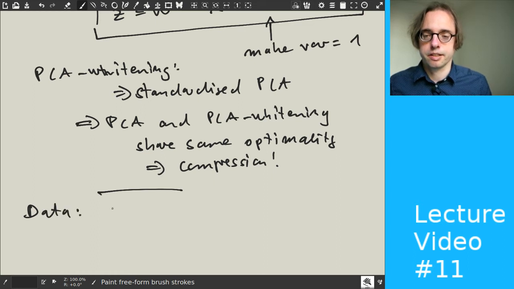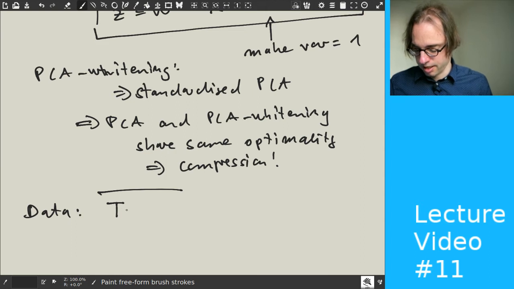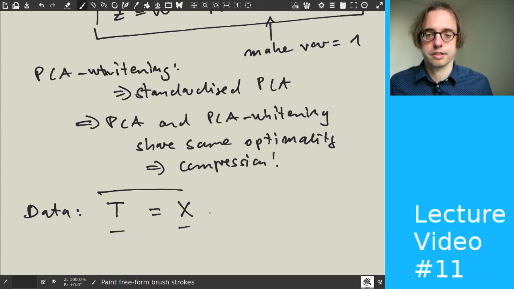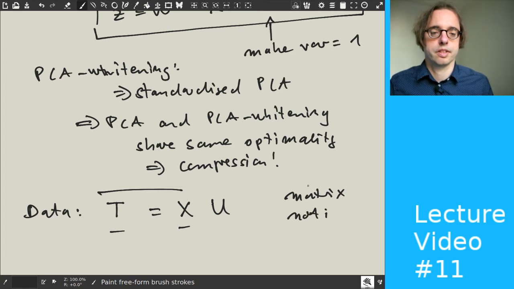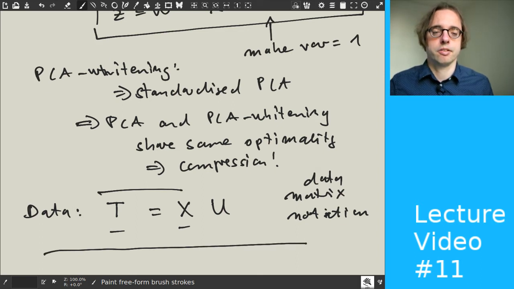So we have a matrix T, and that's X, our data matrix, times U. So that's the data matrix notation, and you can see the order here is reversed because in the statistics data convention the samples are in the rows and the variables are in the columns, which is why the U is basically transposed the whole thing. So that's really all about PCA.